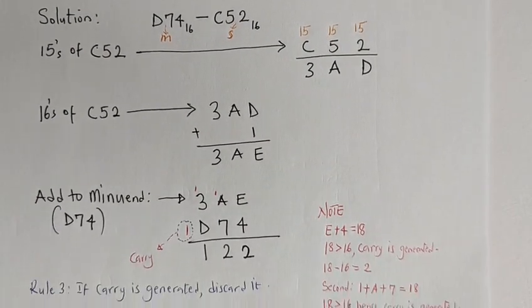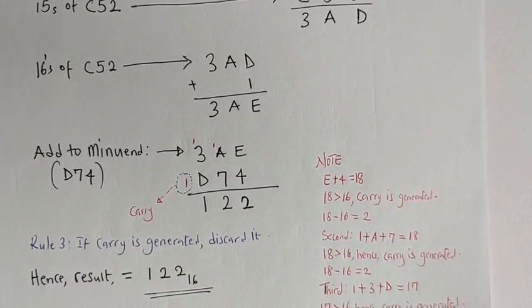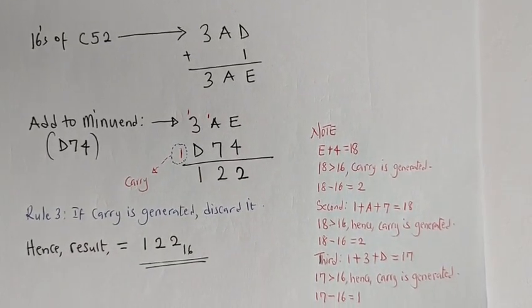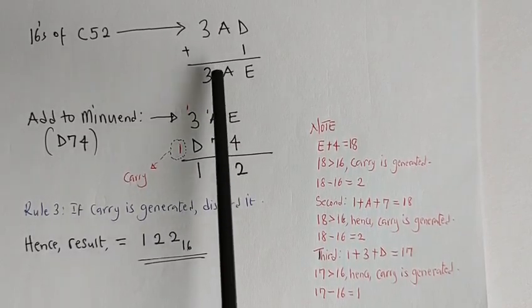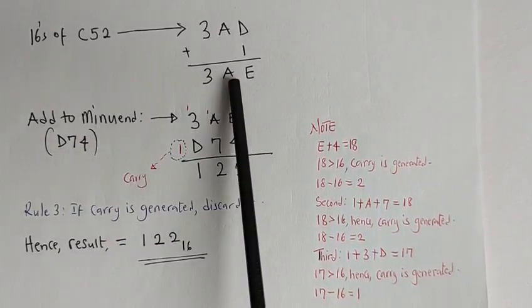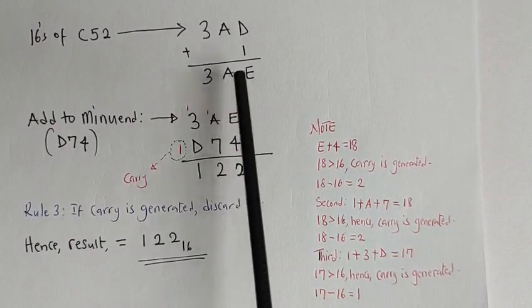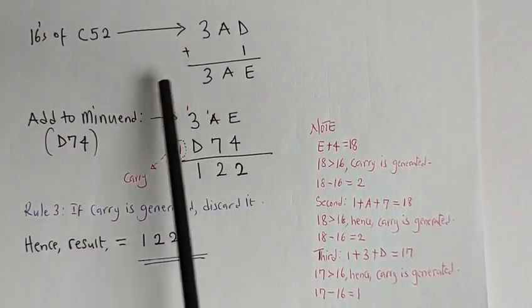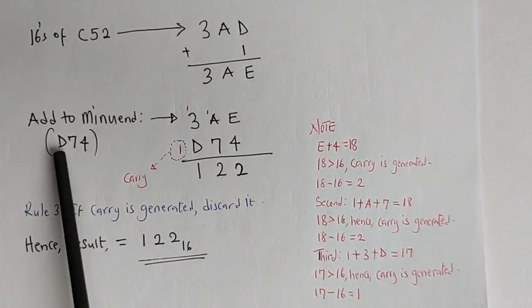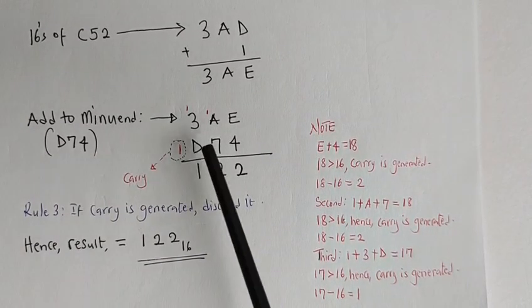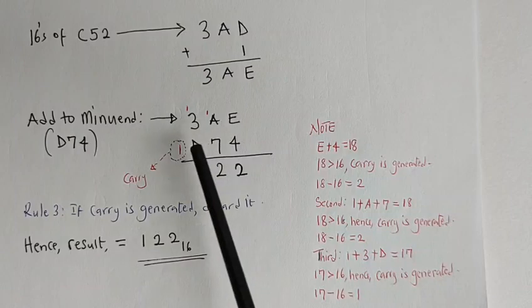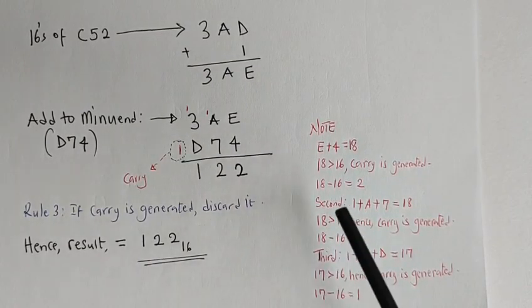So let's see how to add it to the minuend. The result we've obtained, the 16th complement, is 3AE. We need to add it to the minuend, and the minuend is D74. So 3AE plus D74.